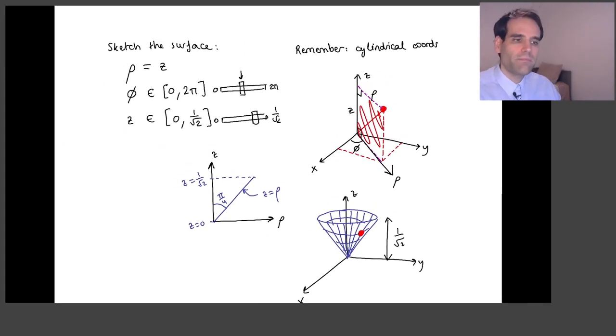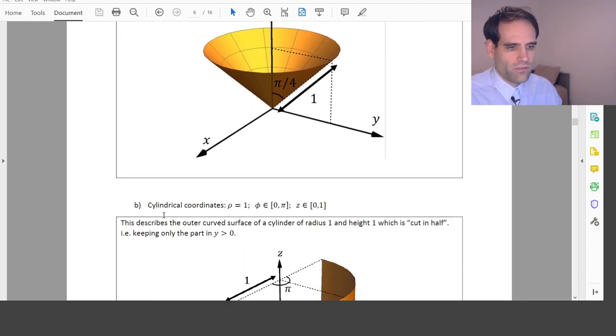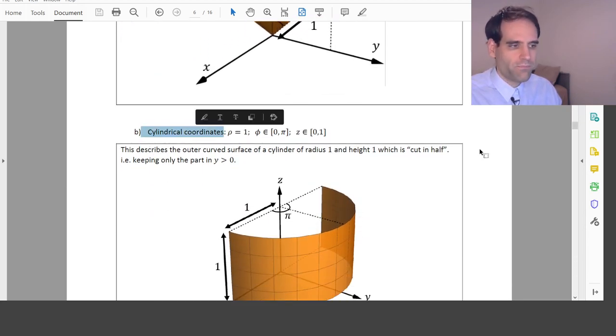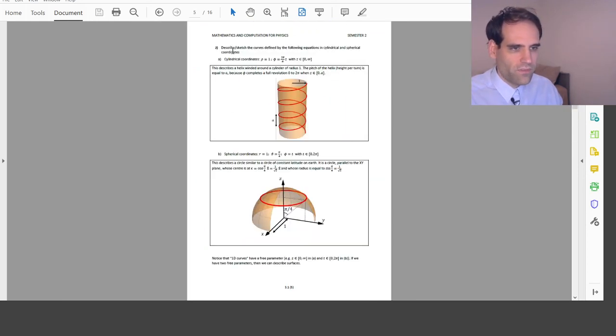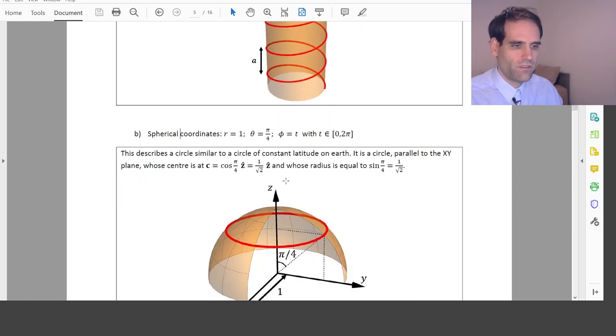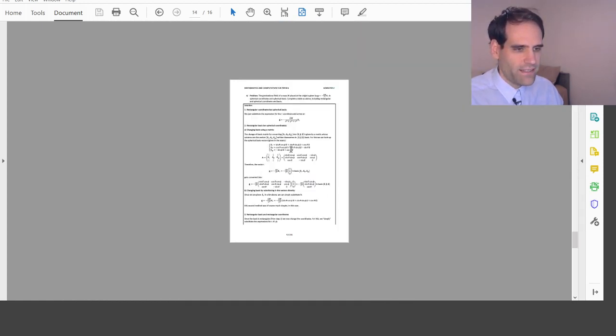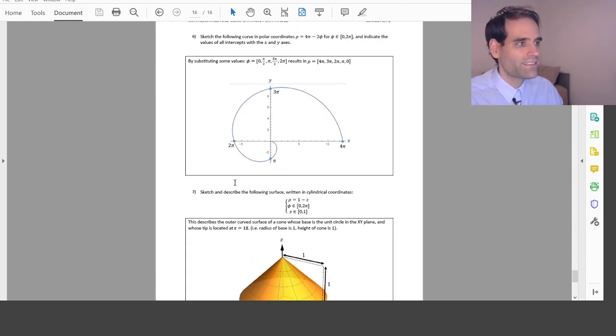You have many more examples in the notes, and I encourage you to go through the notes and practice. So check out problem 3a and 3b. Also check out problem 2a and 2b. And finally, at the end, there is problem 6 and problem 7.